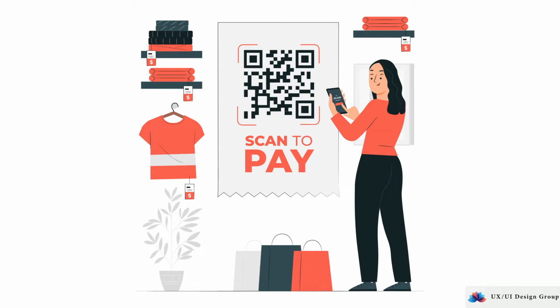Let's see another simple example by which you will be able to understand the seventh heuristic, that is flexibility and efficiency of use. Here you see a user going to a store and purchasing some items. Now he's going to a billing desk to make his payment.